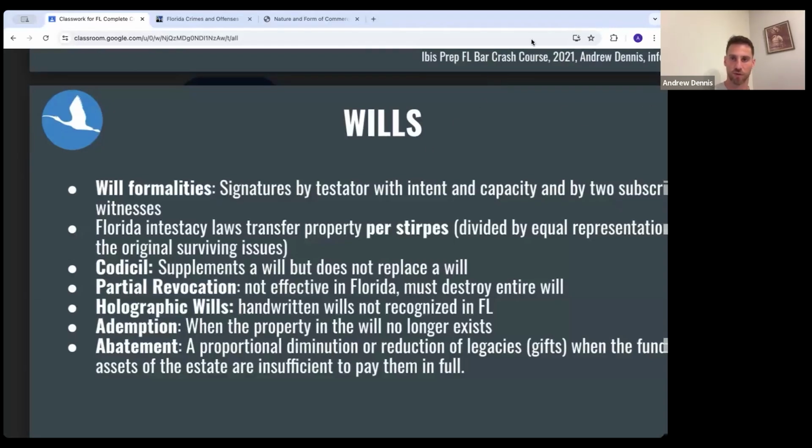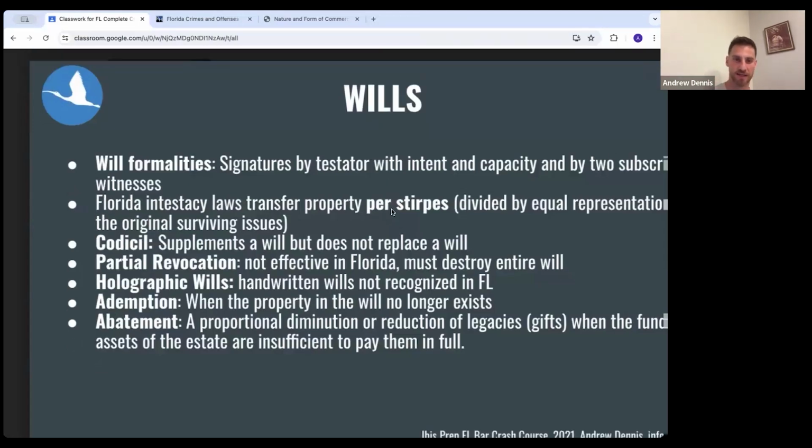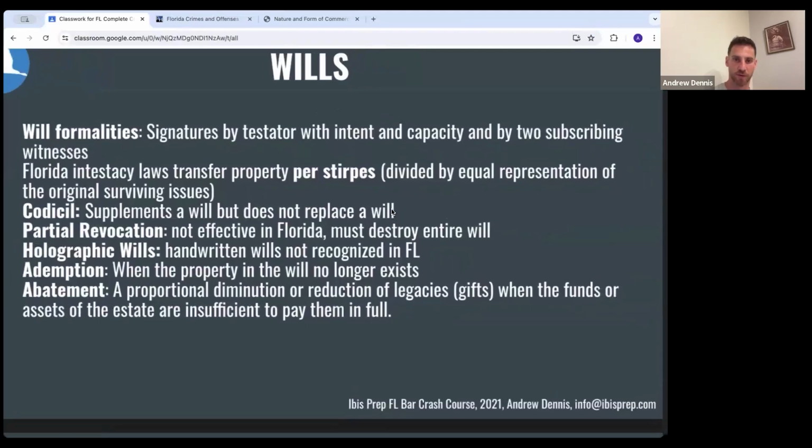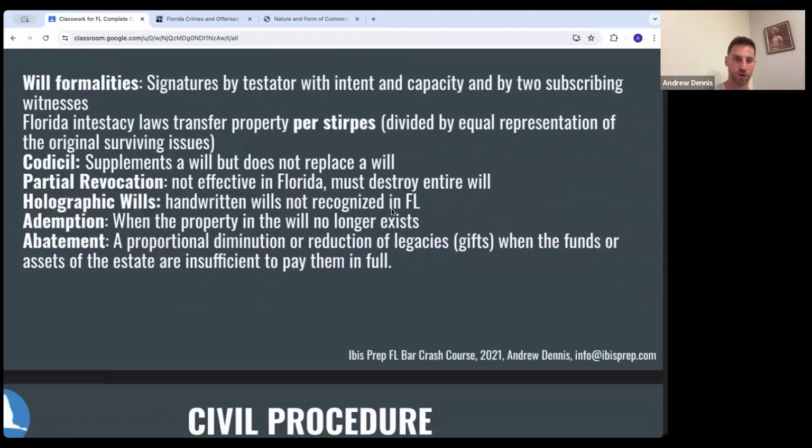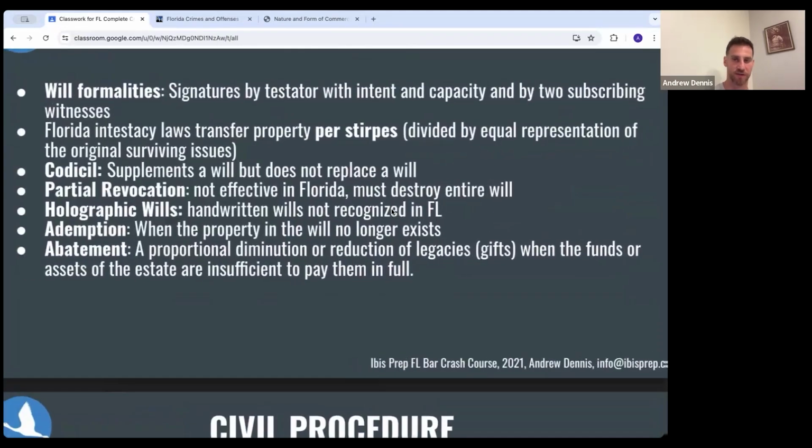Okay, so will formalities, let's talk about wills. Wills require signatures by a testator with the intent and capacity and 2 subscribing witnesses. Florida intestacy laws transfer property per stirpes, which is divided by equal representation of the original surviving issue. So A and B are married, B dies, A survived by C, D, and E. E's also dead.